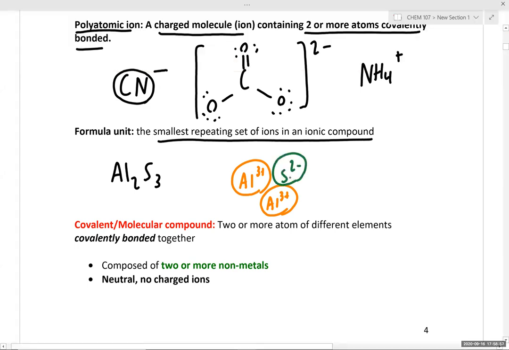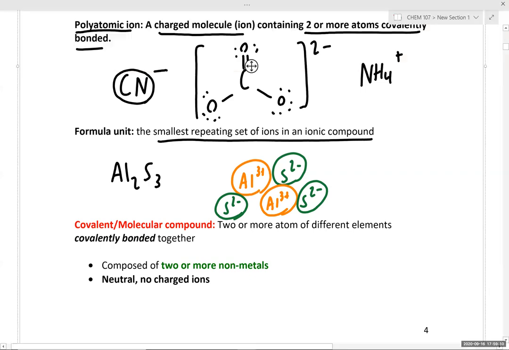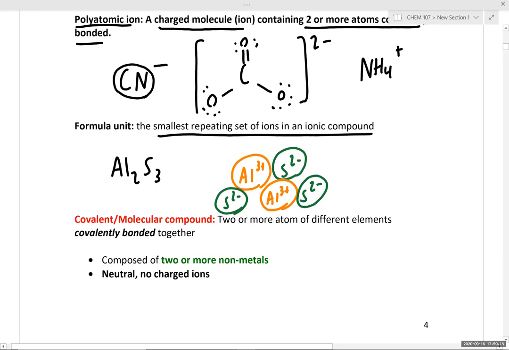Of course, this is a simplified picture. And essentially, this formula unit is repeated to give our overall structure.